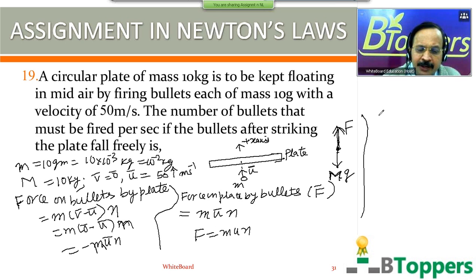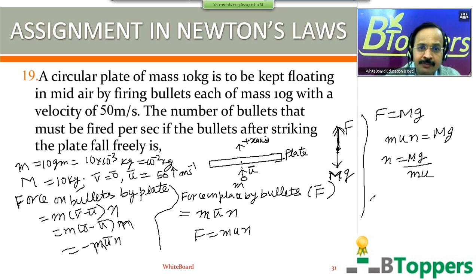It should balance the weight mg of the plate. So capital F must be equal to mg in magnitude. So you can write small m into small u into small n is equal to capital M into small g. So small n equals capital M g by small m into u.